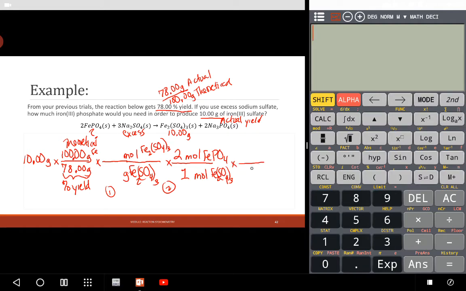And now we're going to need to get out of moles. So our third step is to get out of moles. For that, we're going to use the molar mass of iron 3 phosphate. So we'll cancel our moles of iron phosphate, and you get into grams of iron phosphate. And then we'll have our answer. I just have to calculate these 2 molar masses.